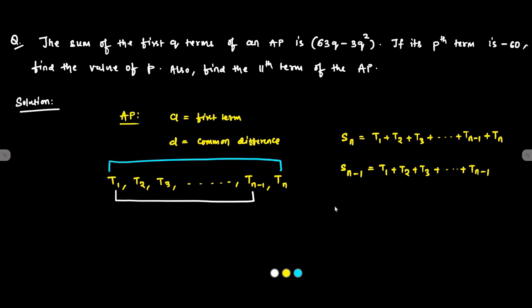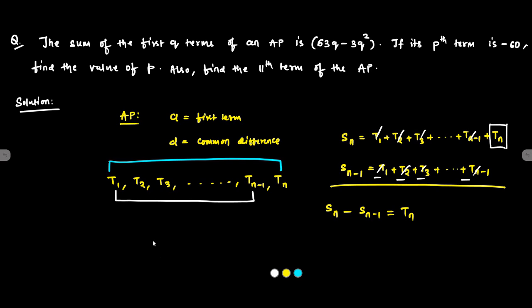Now suppose we find Sn minus Sn minus 1. If we subtract it, all the terms will get cancelled out, and the only thing that will remain is the last, nth term. So this is equal to Tn.